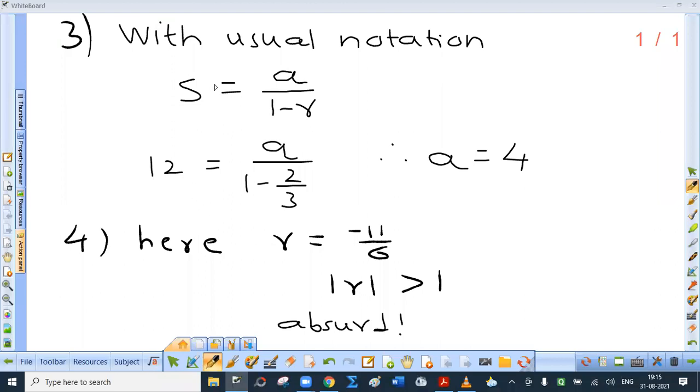Yes, with usual notation, if you substitute the values in the fourth one, 96 upon 17 is 16 upon 1 minus r. So that gives me r as minus 11 by 6. What is the modulus value of r? It is greater than 1. So how can we find sum to infinity? So data are inconsistent.